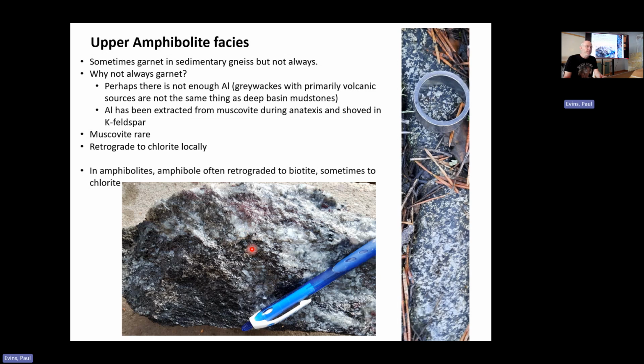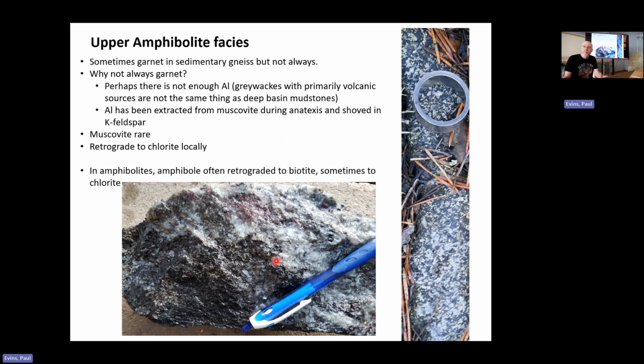It could be that the original sediments here weren't as aluminous as normal pelites. They might be greywackes with a primary volcanic source and not the same thing as your typical deep basin mudstones. Or the aluminum's been moved during melting into other minerals, the K-feldspar, for instance.